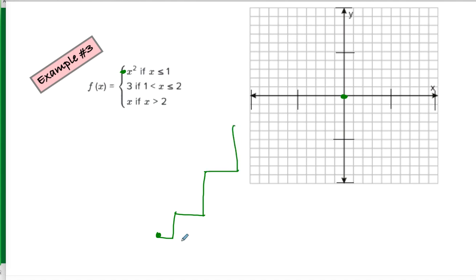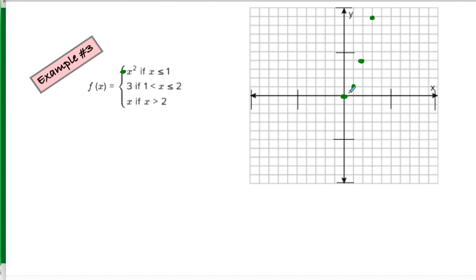Over 1, up 5. So this was 1a, 3a, 5a, with a being the coefficient of x squared. And since the coefficient of x squared is 1, we just move in our odd steps. We'll go over that some more when we get into our factoring section. So over 1, up 1, over 1, up 1, 2, 3, over 1, up 1, 2, 3, 4, 5.